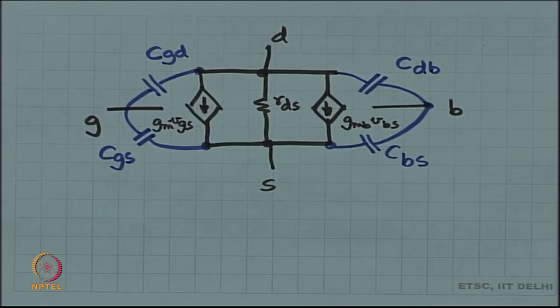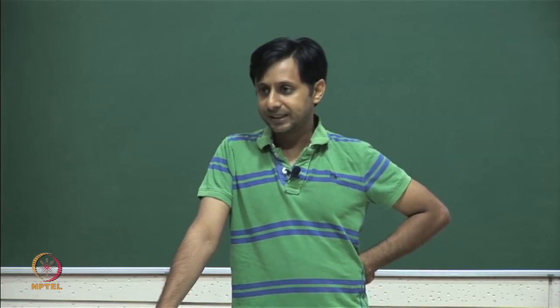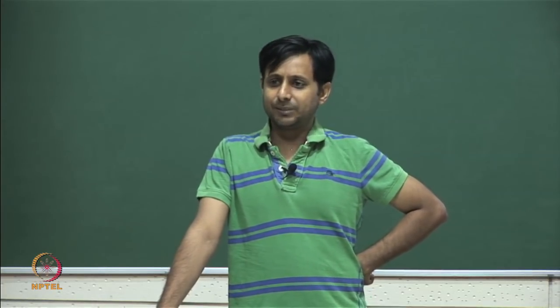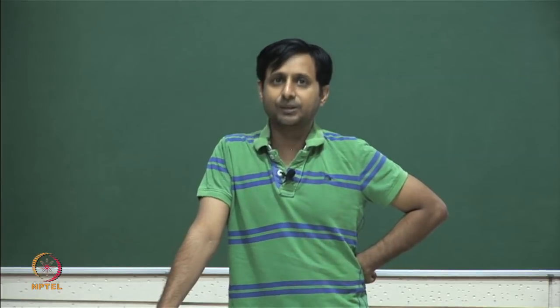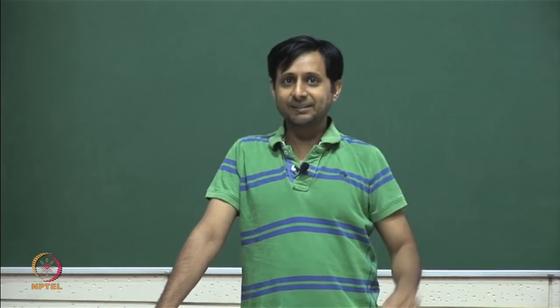And likewise, the drain to body capacitance is also there. This is also a junction capacitance, and this also depends on the drain voltage as well as the body voltage, drain to body bias voltage. Body is the lowest voltage in the NMOS, right. Drain is going to be a reasonably high voltage, assuming that you are in the flat region of the MOSFET, right.